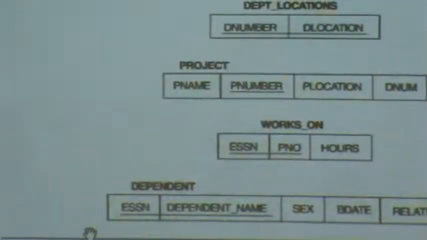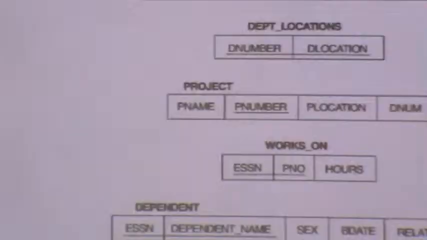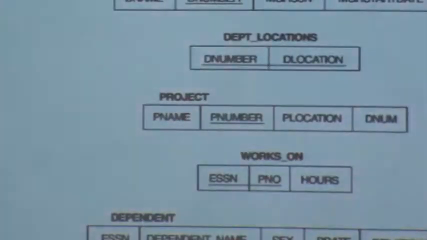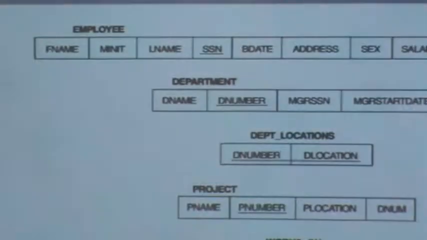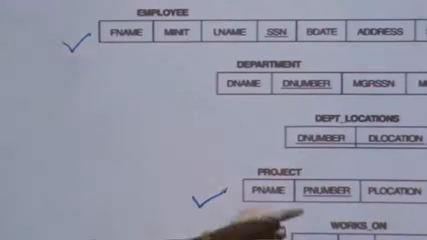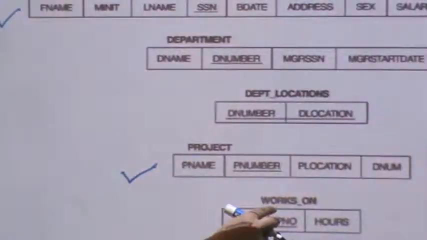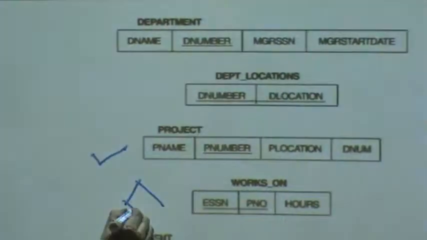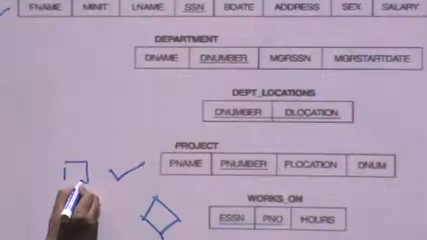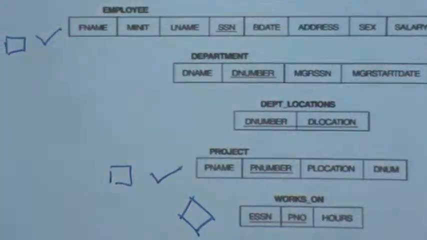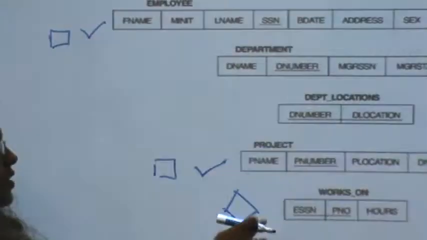So it's a nice example, you can work out the relationship between employee and project. Because works on has the primary key of employee as well as project, we can say that works on is basically a relationship, and these two are the entities. That's how you can understand which tables are for relationships and which are for entities.